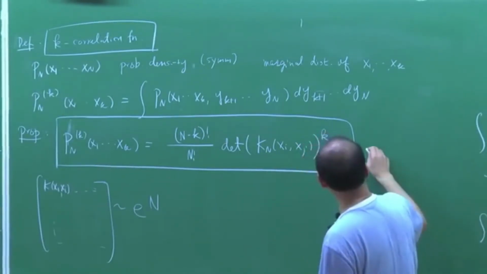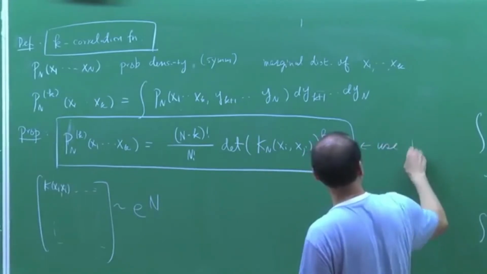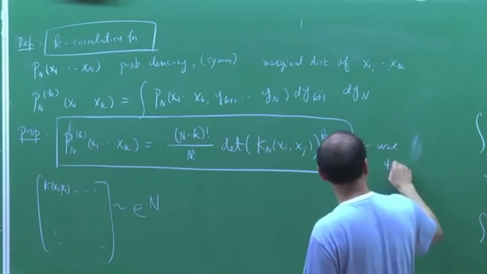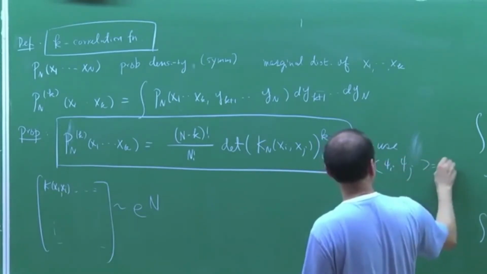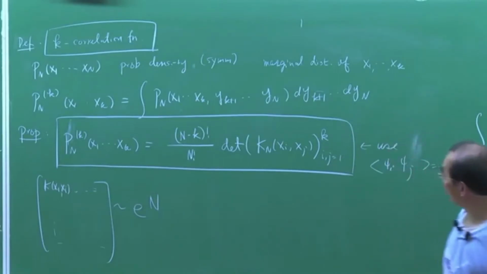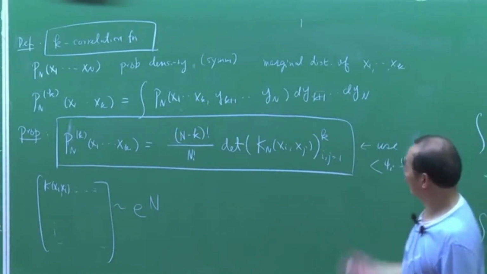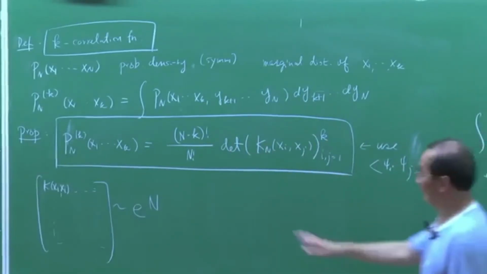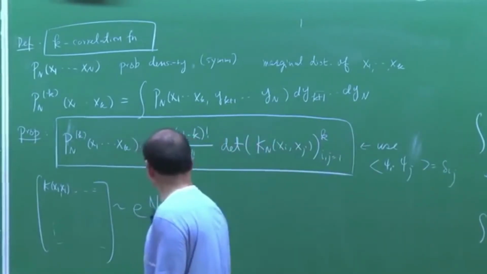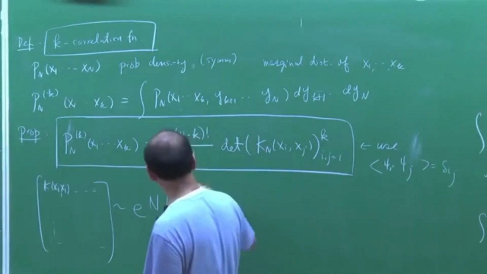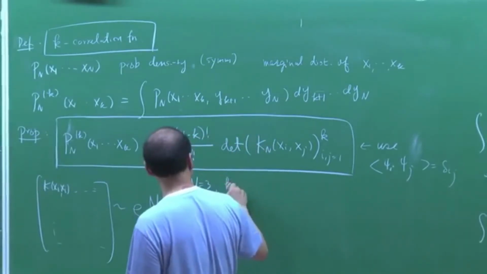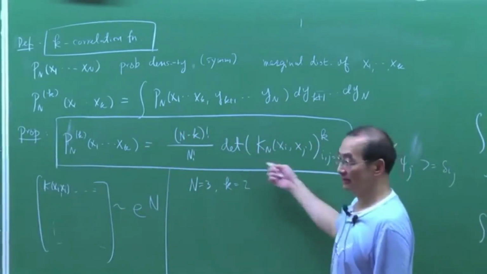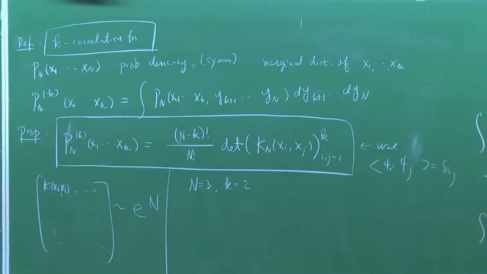And here you use the psi functions, where psi_i psi_j integrates to delta_ij. So you use orthogonality to do this calculation. I will not do this because it's going to take a while. I would suggest you do the case n equal to 3 and k equal to 2. It's very easy. You can just compute it, and you find this is correct. Okay, so I will not prove it.